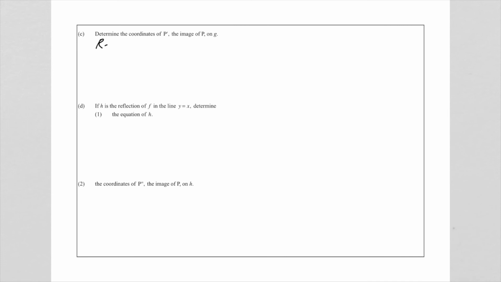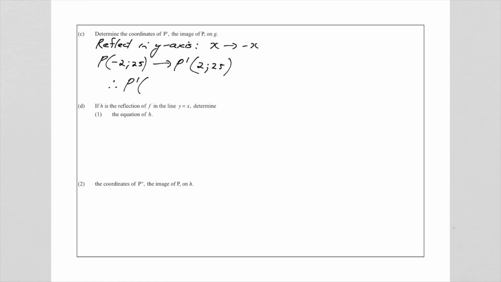So I'm just going to say we're going to reflect in the y-axis, and that is where x becomes a negative x. Now point P is the point (-2, 25), and now I'm going to find the image of P, and that is where I substitute the x with a negative x. So you will agree we're going to get a positive 2 and 25. So that means the image of P will be the point (2, 25).